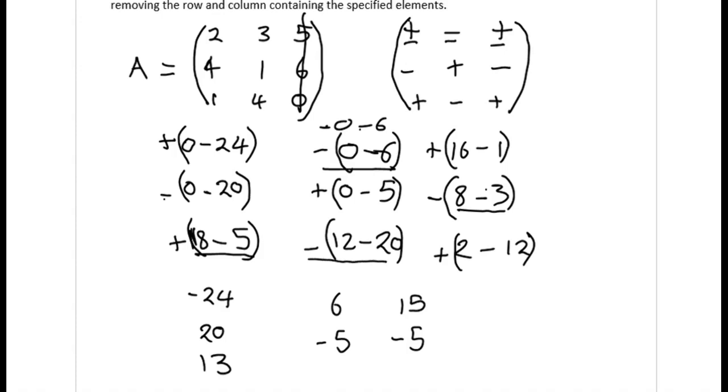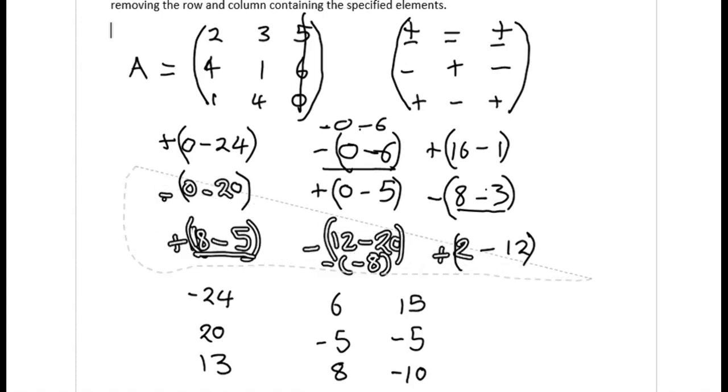Minus 12. Okay, oh, sorry, I was about to make same mistake. 12 minus 20 is minus 8, and then minus times minus is plus, so this is 8. 2 minus 12 is minus 10. So this is my final evaluation.